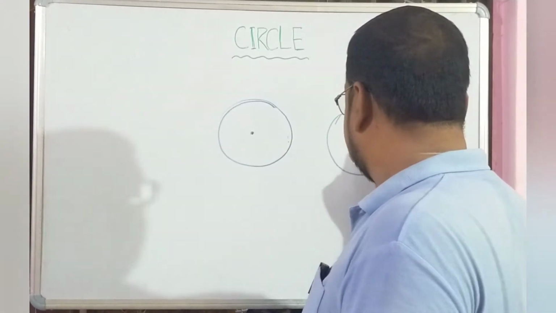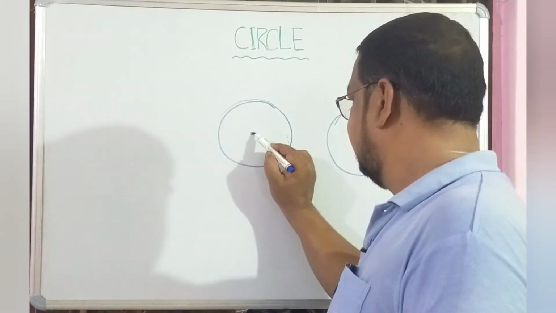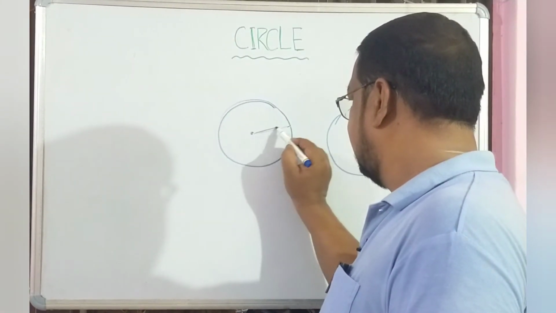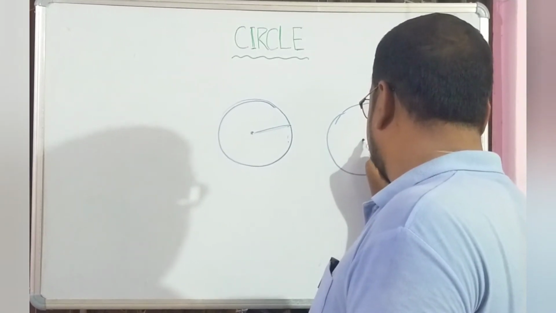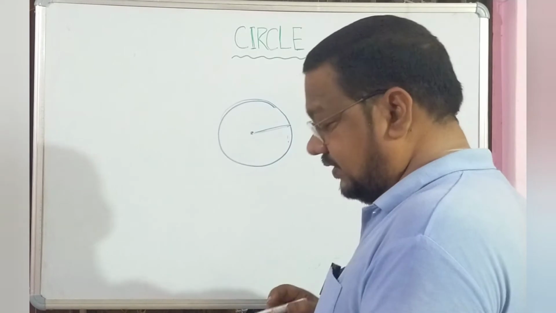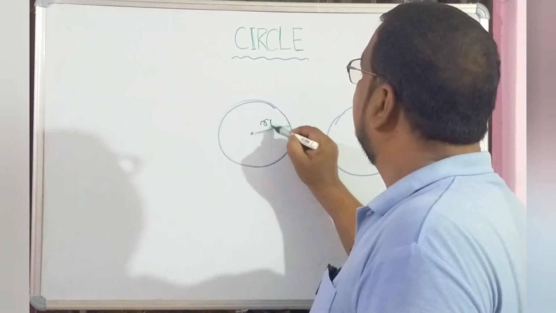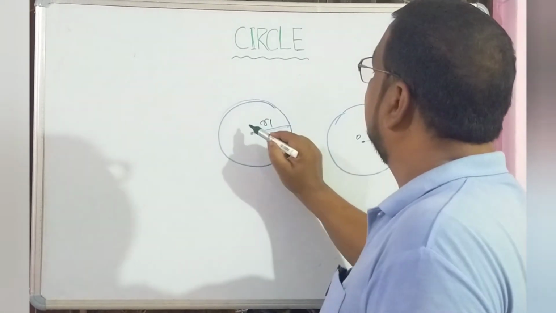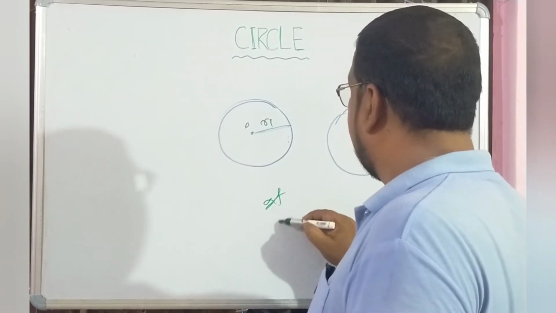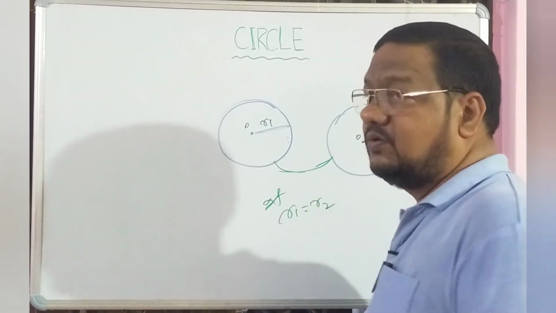This is the radius of this circle and this is the radius of this circle. If R1 is the radius of this circle and R2 is the radius of this circle, and R1 is equal to R2, then the two circles are said to be congruent.